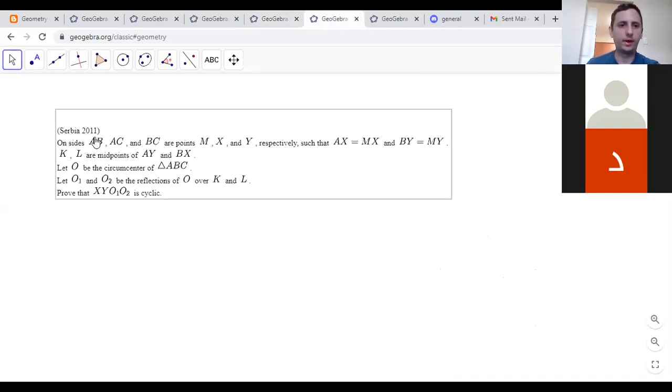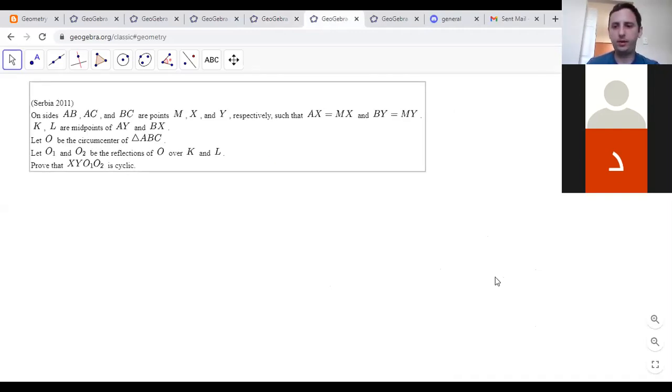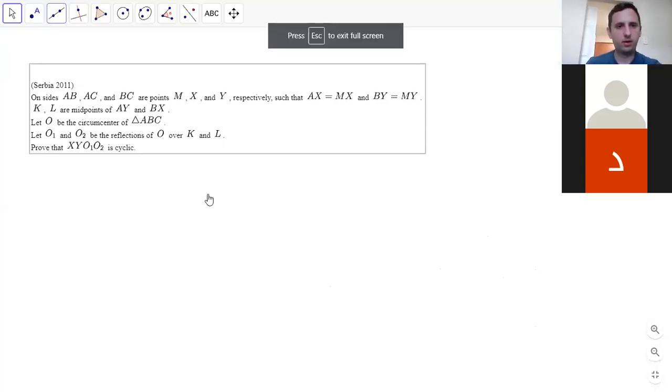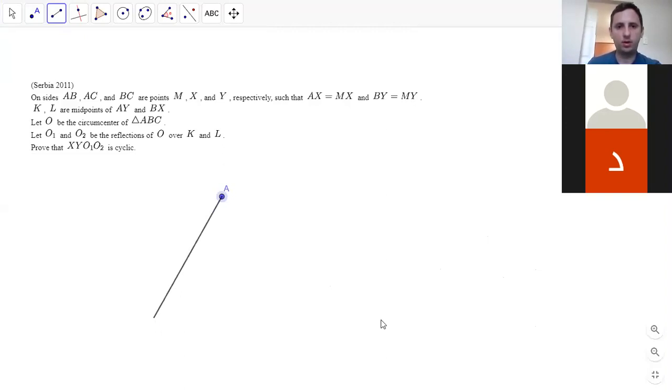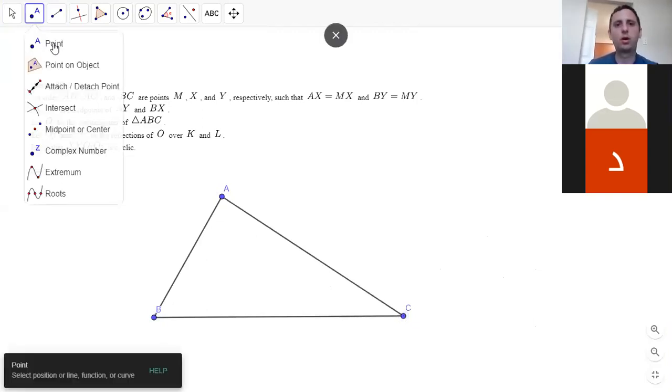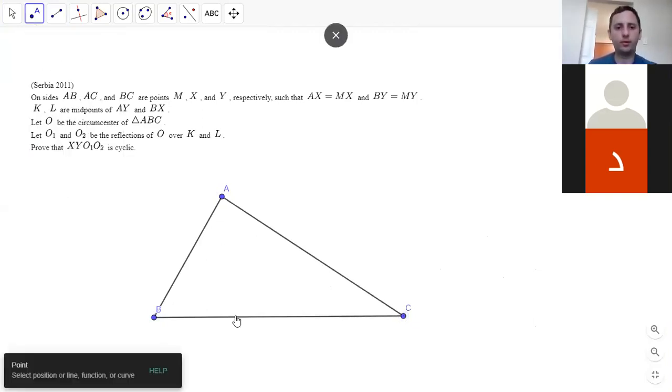All right, so we have a triangle ABC. So I looked at this problem very quickly. I think it's best to draw point M first.